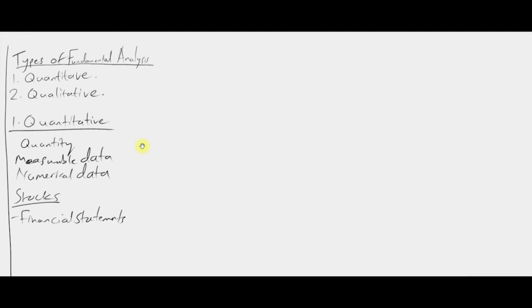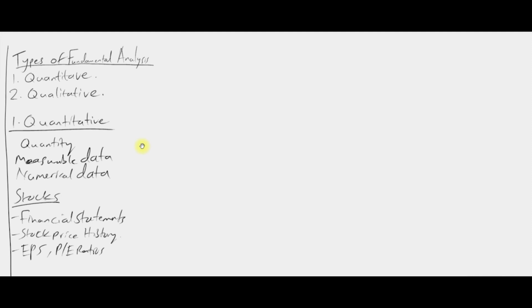This is also where we talk about the history of the stock price, and all the other factors to do with the financial statements, such as the EPS and the PE ratios.